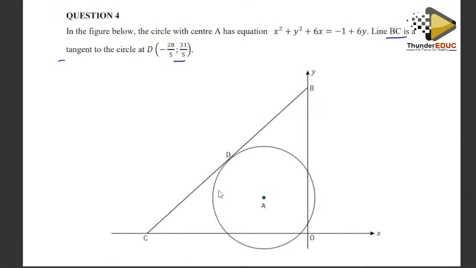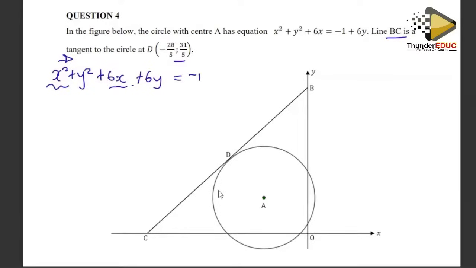So in this case, we need to complete the squares. So it's going to be x squared plus y squared plus 6x, let's bring everything that side, plus 6y is equal to -1. Okay. So when you look at the x's, it's just x squared and 6x.